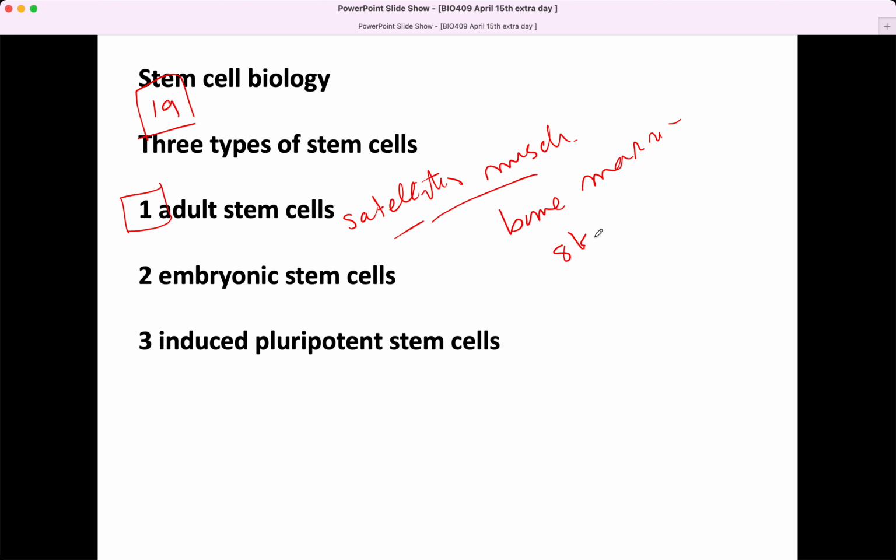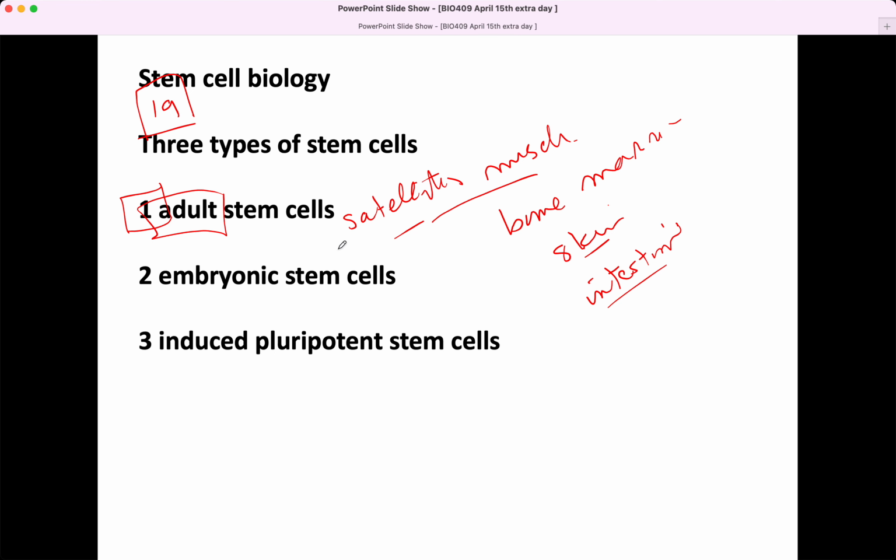There's stem cells in our skin. There's stem cells in our digestive tube, so let's just say our intestine. And there's specific stem cells in our adult bodies that are dividing or ready to divide in order to maintain those tissues. And those are all collectively called adult stem cells. And so we refer to them as adult stem cells even though they're present in our bodies throughout our lives from a fetus, child, teen, adult.